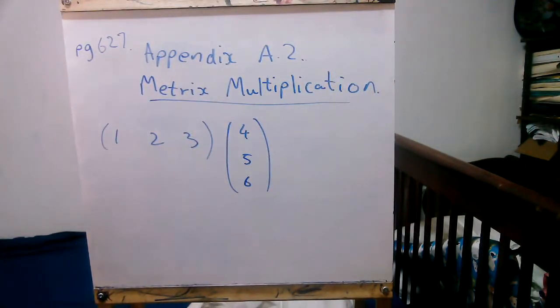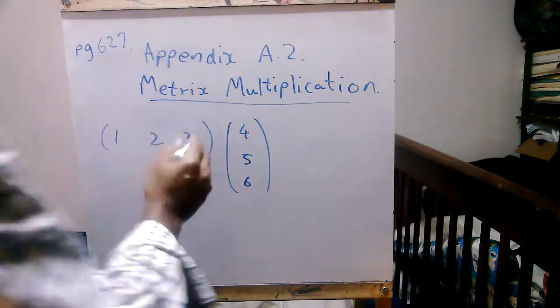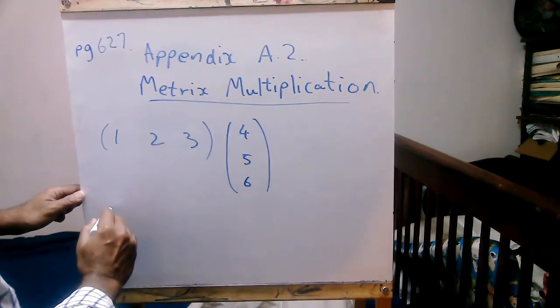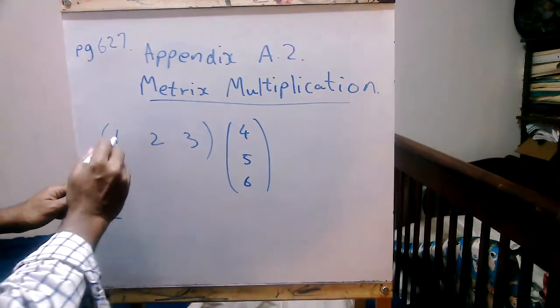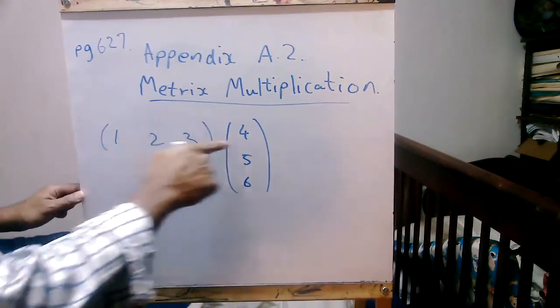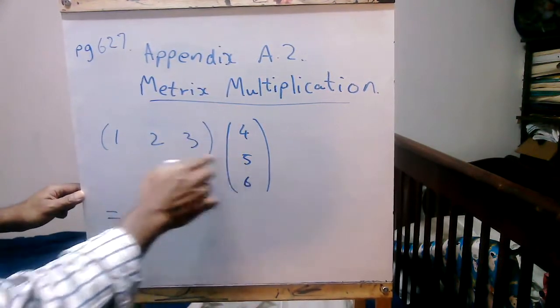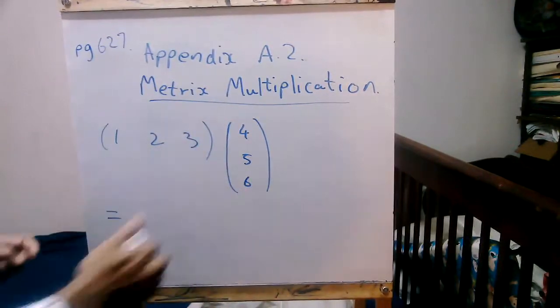So this is exactly how we multiply matrices. Let's go through this carefully. Now we multiply 1 with 4, 2 with 5, 3 with 6, and add them.